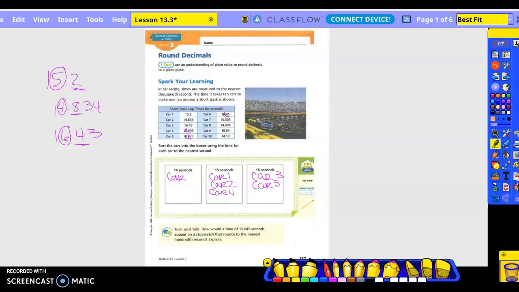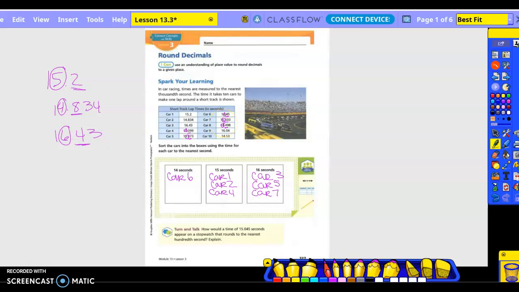So car 6, circle the 5, underline the 5. Is that going to stay 15 or become 16? So car 7 goes under 16, right? Make sure you guys are staying with us. If you are already at car 10, are you with us? No. So circle the 4, underline the 4.